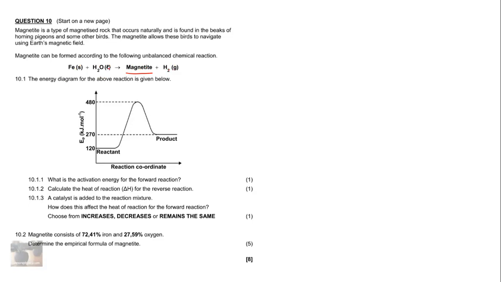For sure, magnetite has iron and oxygen in it. Now, the energy diagram, this is the interesting information. I don't think you're going to use it in answering here, but we'll see. The energy diagram for the above reaction is given below.